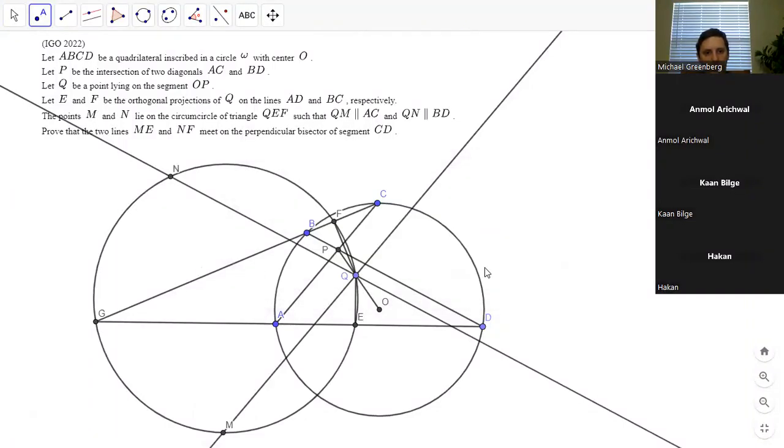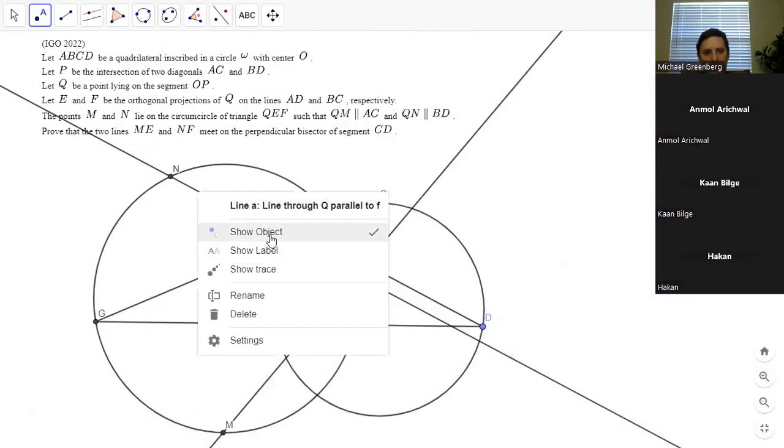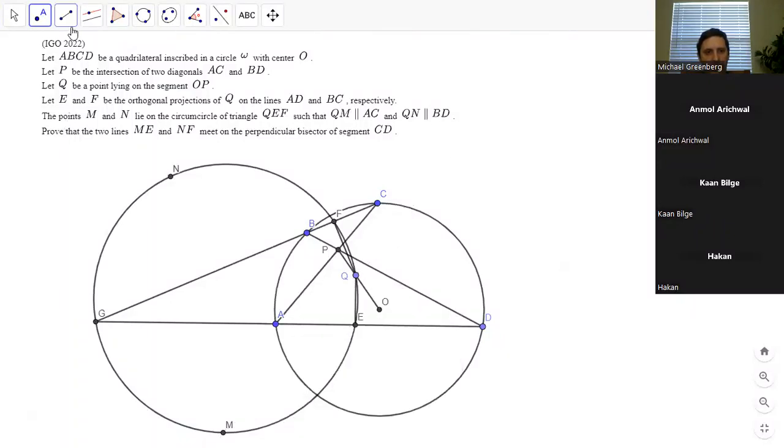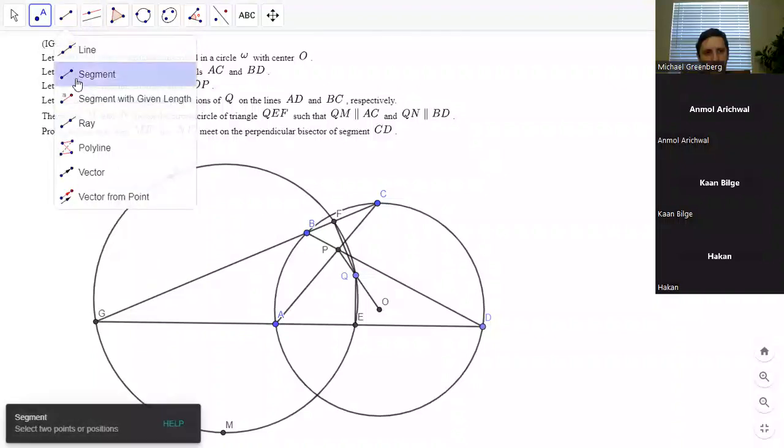We want to show that ME and NF intersect on the perpendicular bisector of CB. It's a very random problem. Okay.